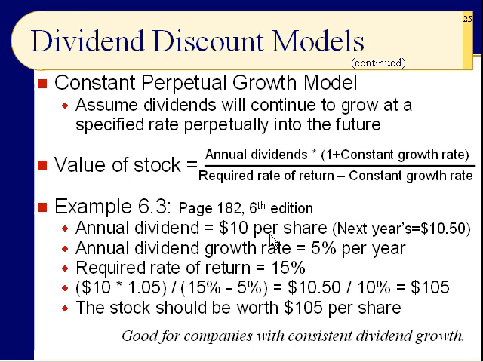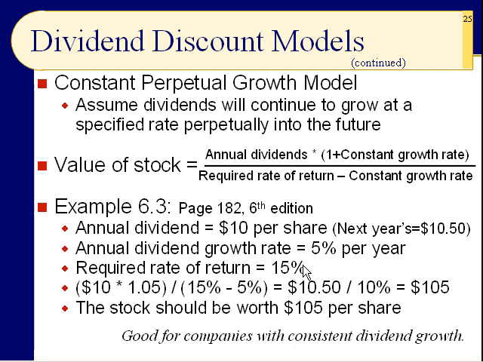So in the book, depending on what edition you have, it's around page 180 something. You take $10 per share. This is what this company has been paying. And if you have an annual growth rate of 5%, that's $10 times 1.05. Hopefully you're getting this now. You've done it a few times. That's $10.50.